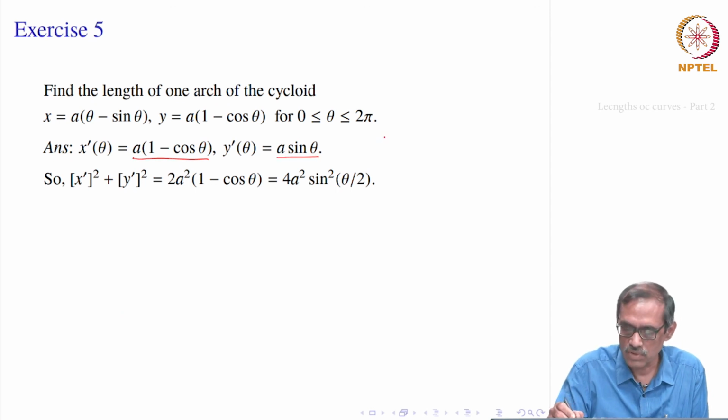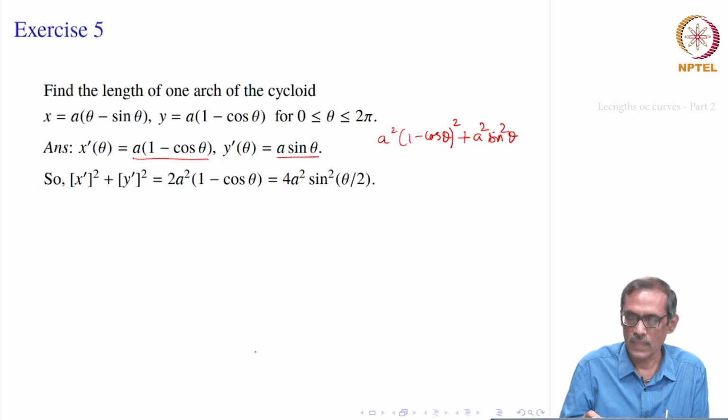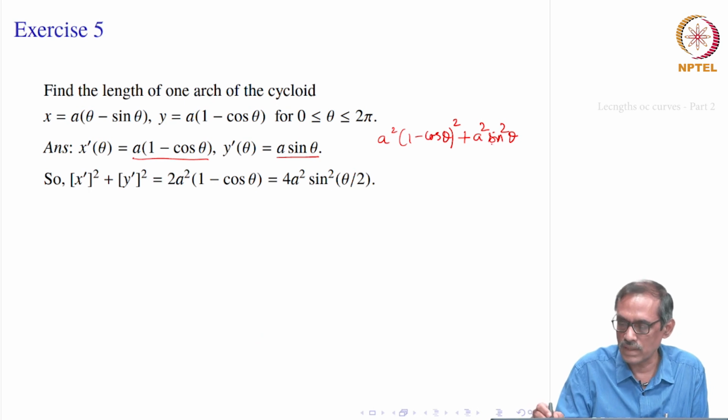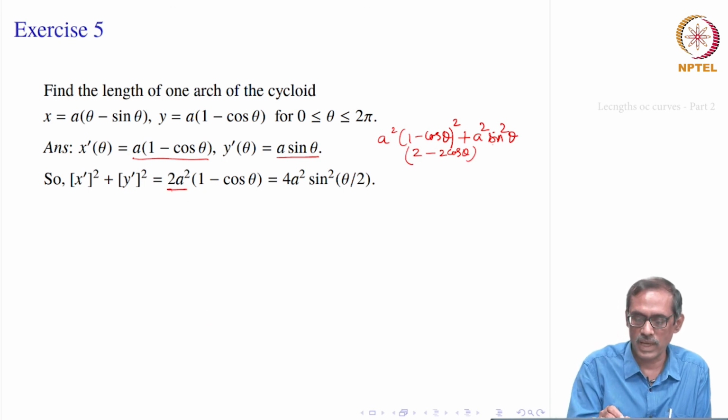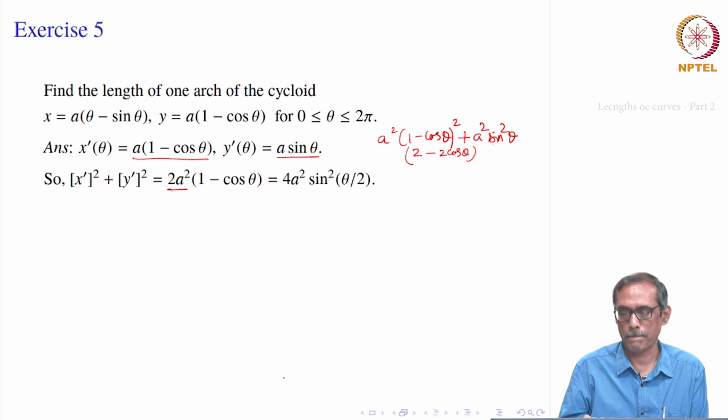So, that gives a square into 1 minus cos theta square plus a square sin square theta. So, cos square theta plus sin square theta gives you 1, and there is already 1. So, it is 2 minus 2 cos theta. So, this times a square. So, it is 2a square into 1 minus cos theta.